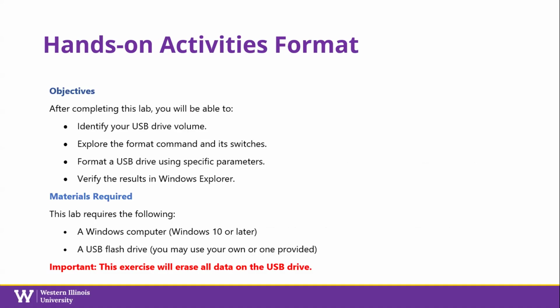Depending on the situation, we have a lab, so we do not ask them to bring their own computer, but if you're teaching online, you can require that they have a Windows computer or maybe another type of computer. What other materials are needed? If there's anything really important, I highlight it in red, like: this exercise will erase everything on your USB drive. Make sure you put it there so they understand it and do not complain later on. This is the format that I have.